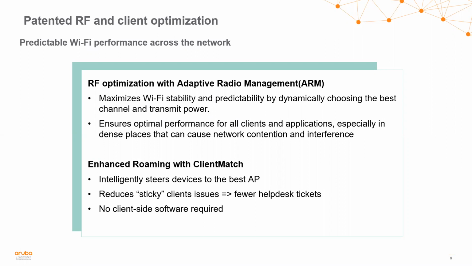If an access point has too many users connected to it, we could force users to go to another access point that might not be used as often, so it doesn't have as many users connected to it. We can load balance that no problem. And the beautiful side of that is there's really no client-side software required. We're able to do that just with the access point.